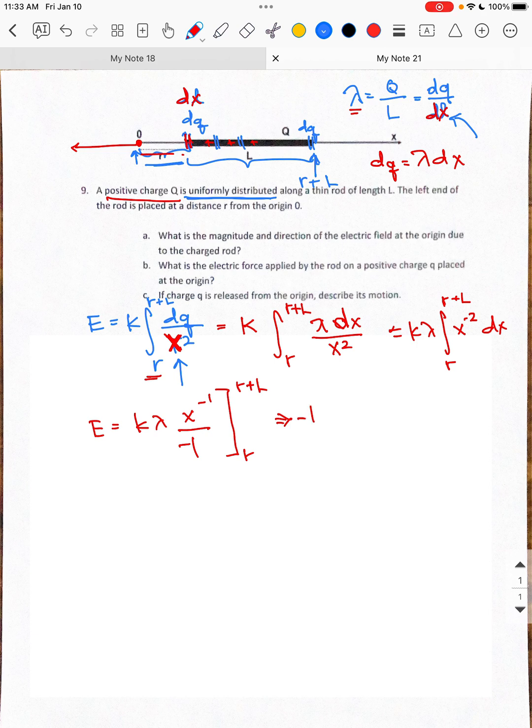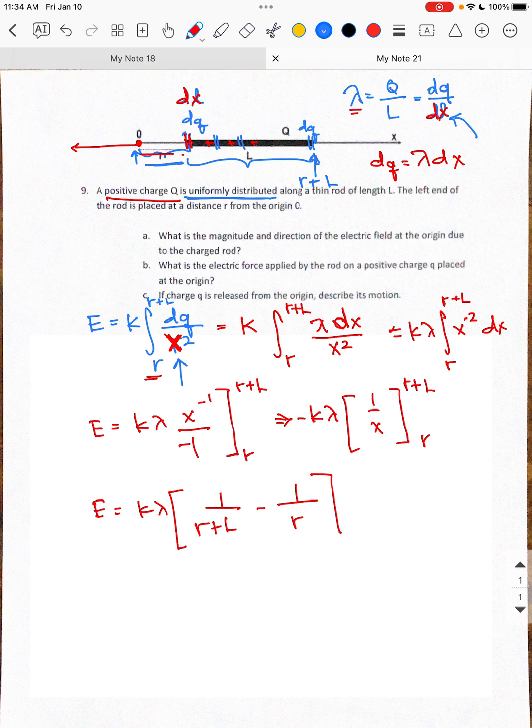So in the end, I get negative k lambda, 1 over x, going from the limits of r to r plus L, and then I plug in negative k lambda from my final limit, r plus L, minus my initial limit, r.